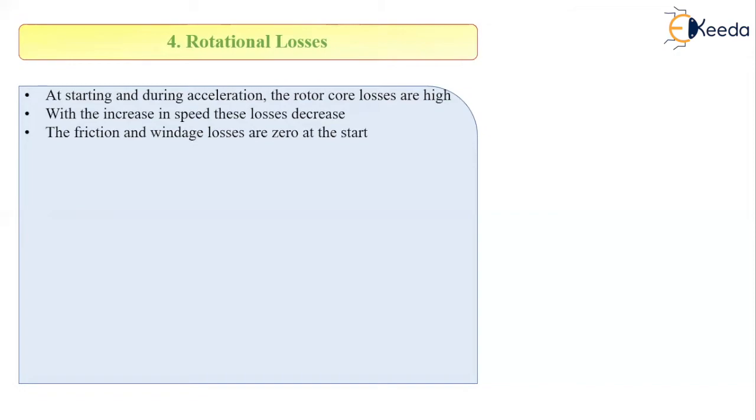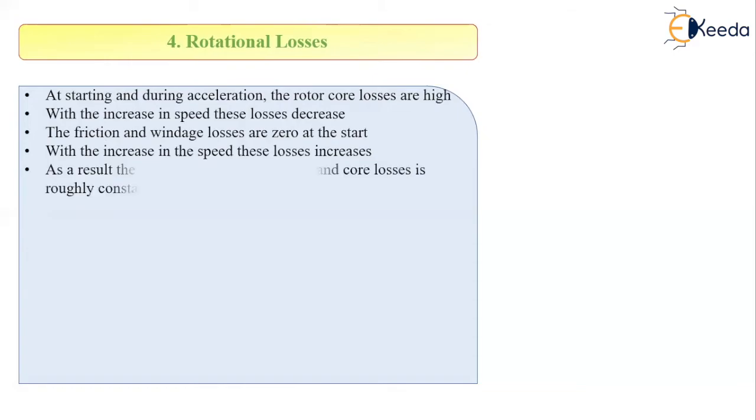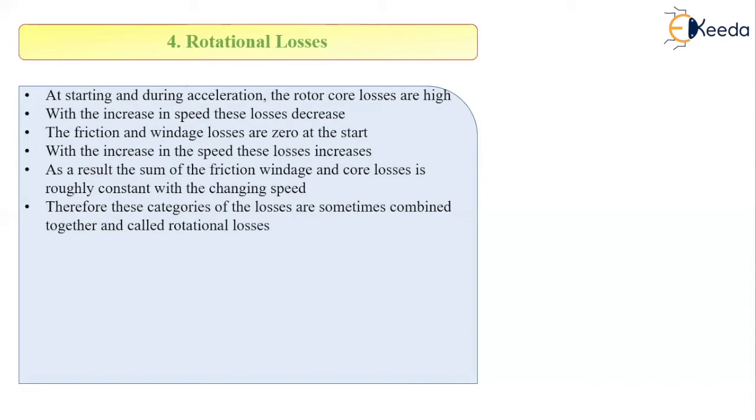The friction and windage losses are zero at the start. As the speed of the motor increases, these losses increase. As a result, the friction and windage loss and the core loss are roughly constant with changing speed. Therefore, this category of losses are combined together and are also called rotational losses.